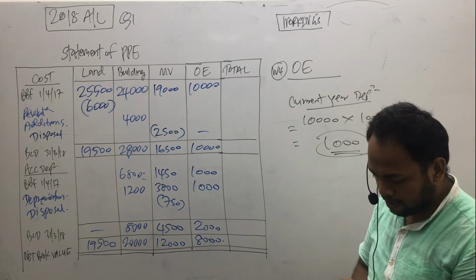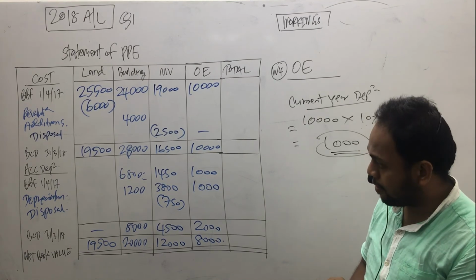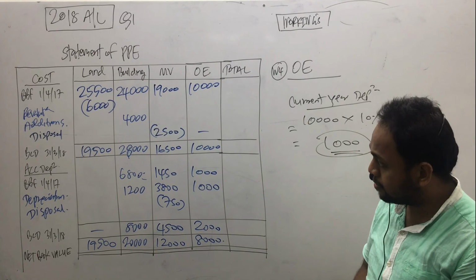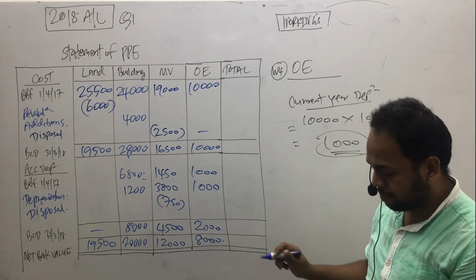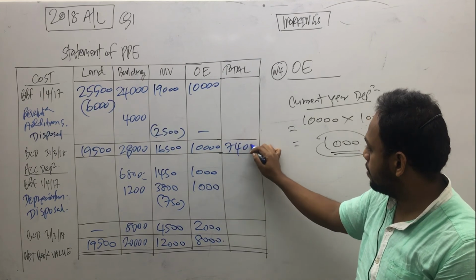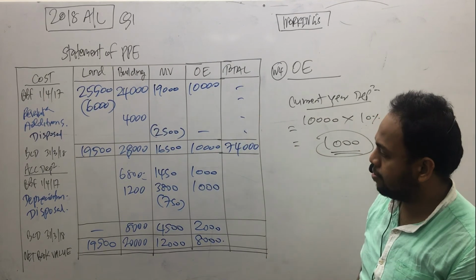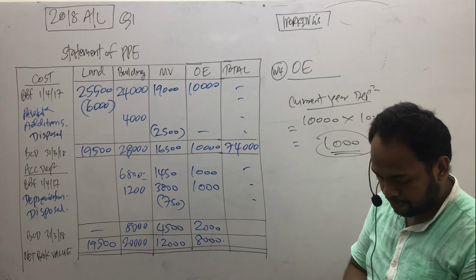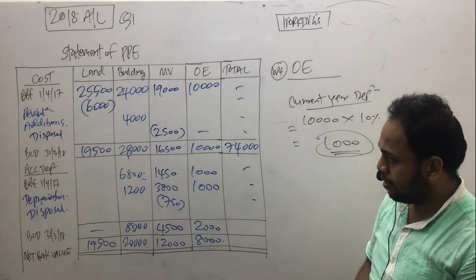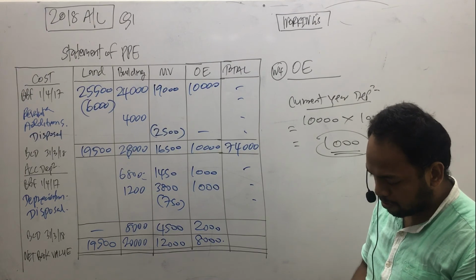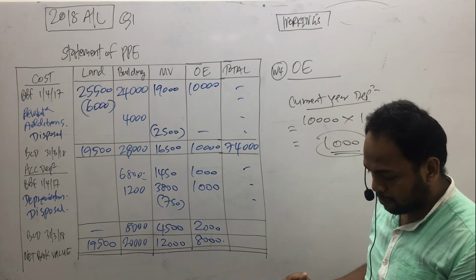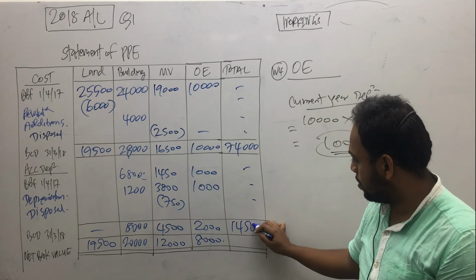Cost of all the assets, 19,500 plus 28,000 plus 16,500 plus 10,000, is 74,000. You need to get this. Then the accumulated depreciation, 8,000 plus 4,500 plus 2,000, is 14,500.